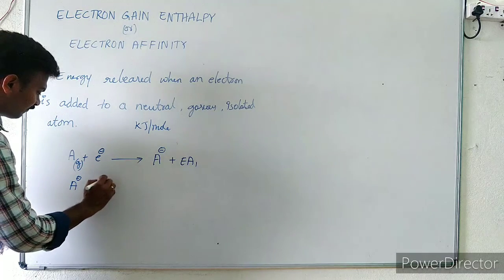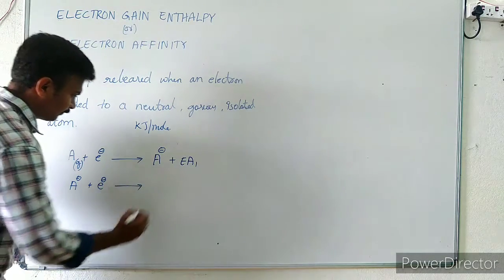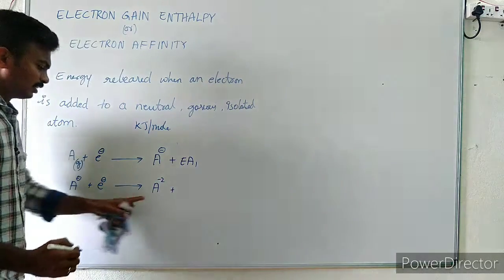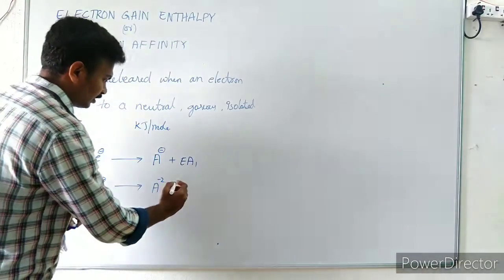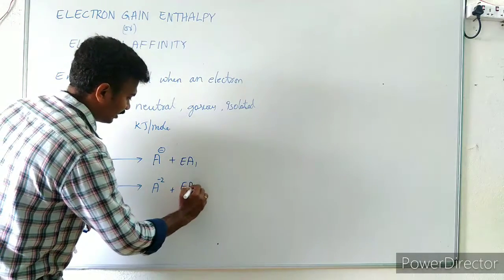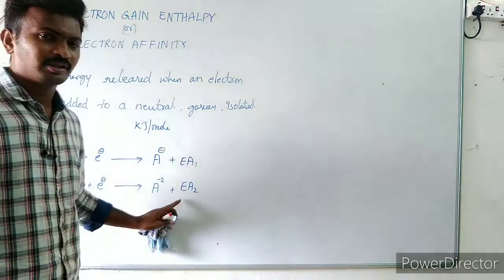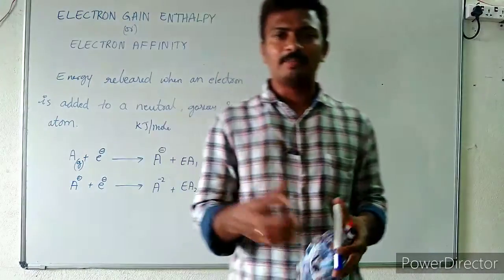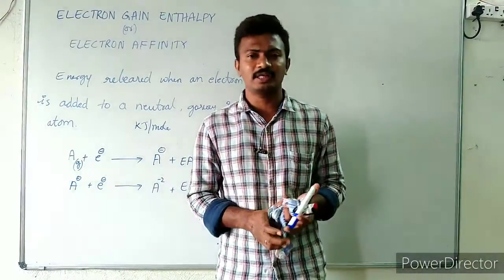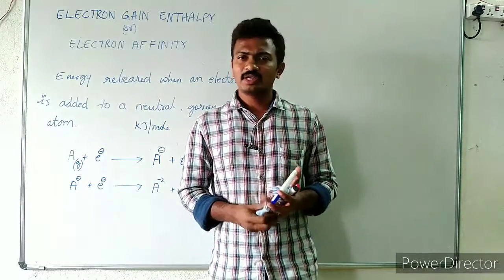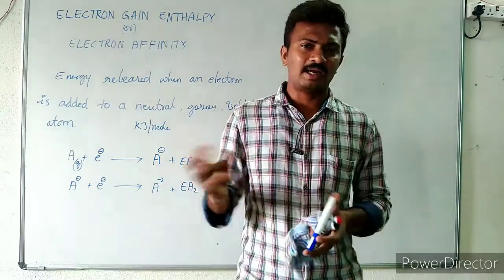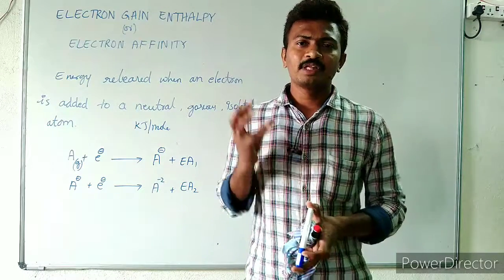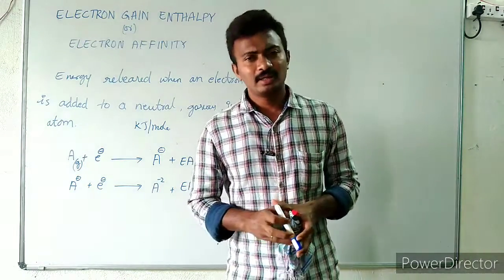To this anion, again if we add an electron, we get an ion with a -2 charge, and the energy liberated we call EA2. Generally, most elements don't liberate much energy by the addition of a second electron. It doesn't prefer to gain an electron, and the amount of energy liberated will be less.